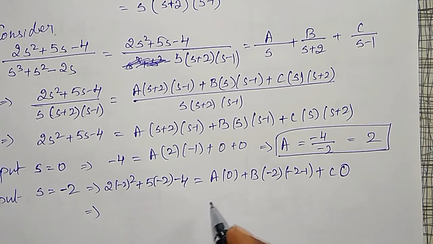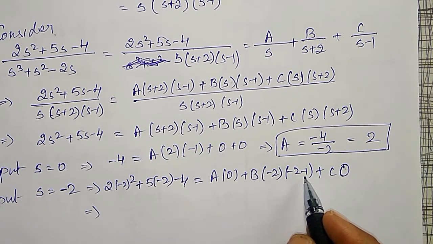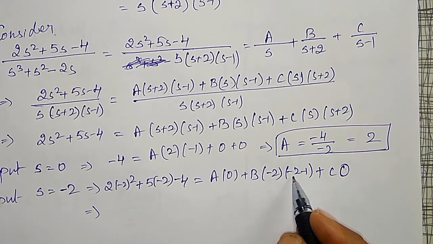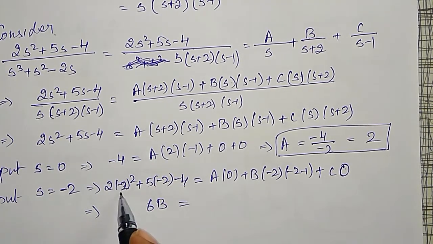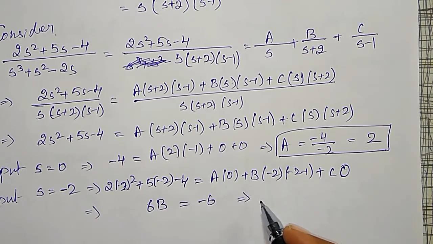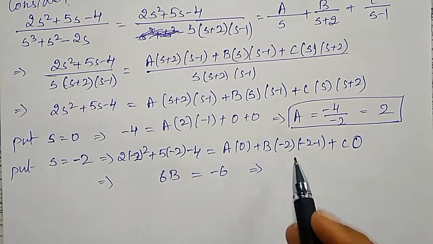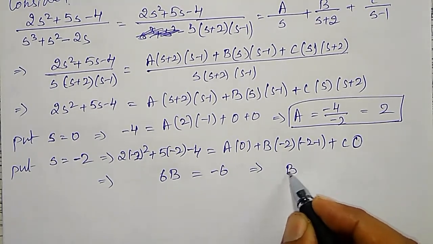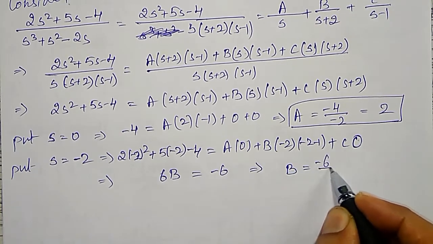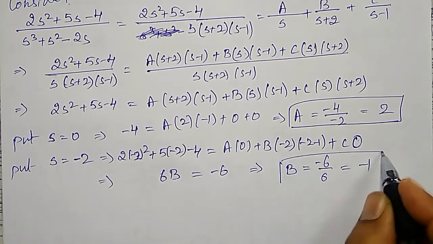Which implies minus 2 into minus 3 will become plus 6B is equal to 2 into 4, that is 8, 8 minus 10 is minus 2, minus 2 minus 4 will become minus 6. Therefore B equal to minus 6 divided by plus 6, which is equal to minus 1.